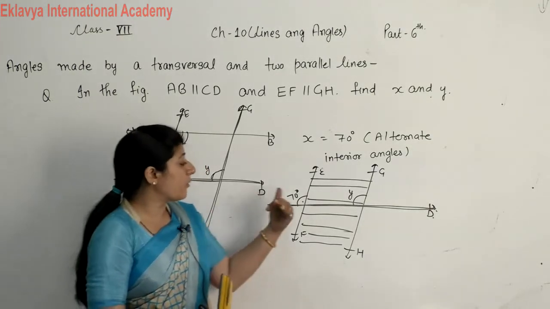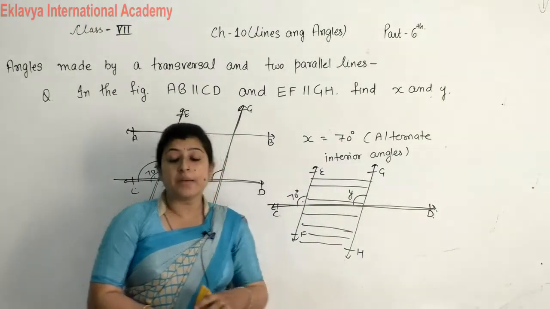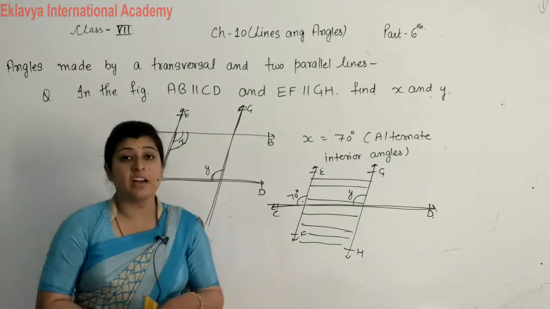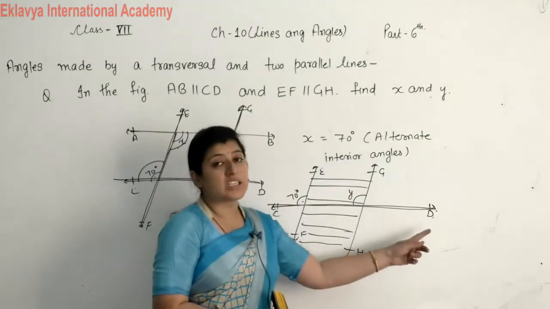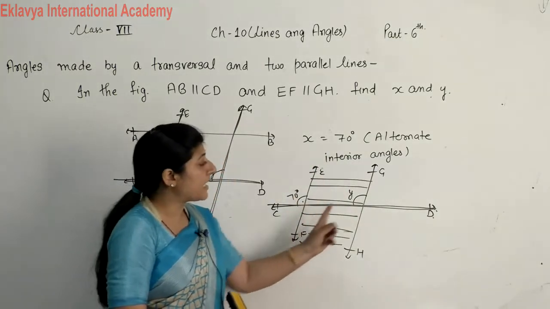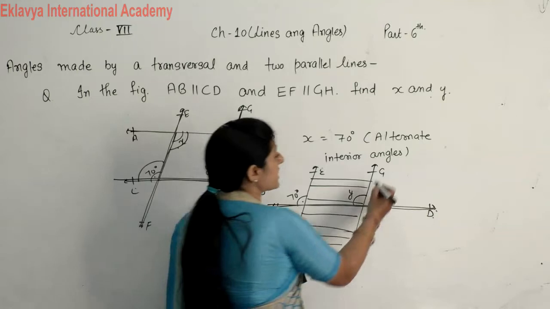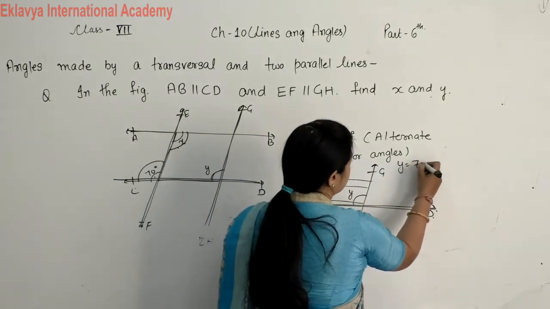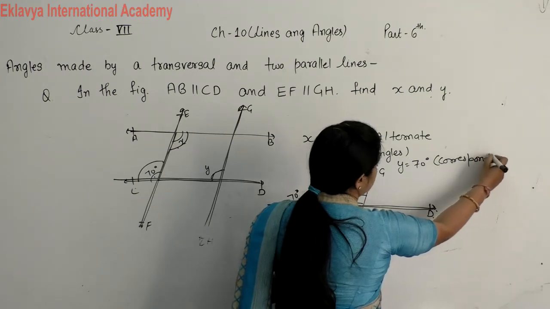But here is the combination of one exterior angle and one interior angle. It means these angles are corresponding angles, and we know that when a transversal intersects two parallel lines, their corresponding angles are equal. So we can say Y is equal to 70 degree, reason is corresponding angle.